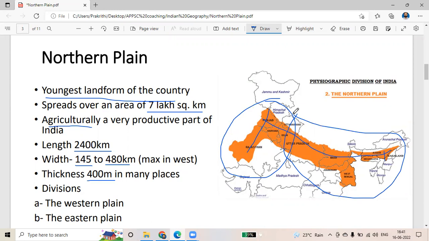And the plain created by the other rivers, I am saying about the majority, created by the Ganga and Brahmaputra, is known as the Eastern plain. The Western plain may extend towards the Pakistan region, but we are only considering the Indian portion. Let's see each of these in detail.